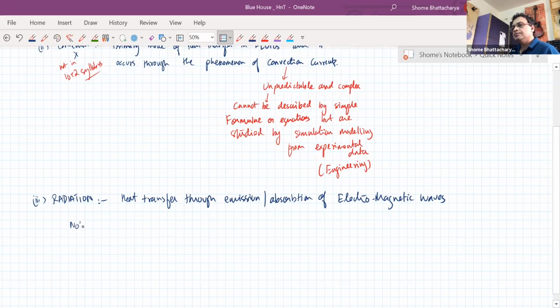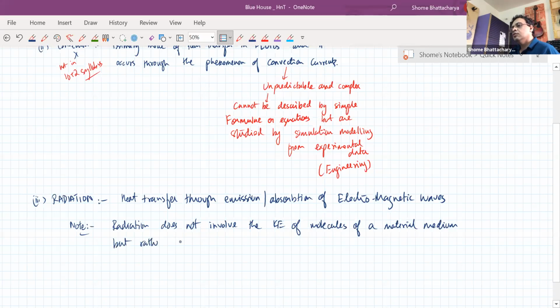So the important thing is, radiation does not involve the kinetic energy of the molecules of a material medium, but rather involves exchange of energy by emission or absorption of photons.